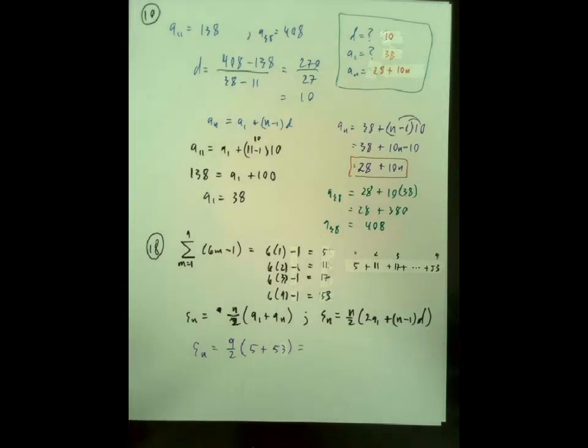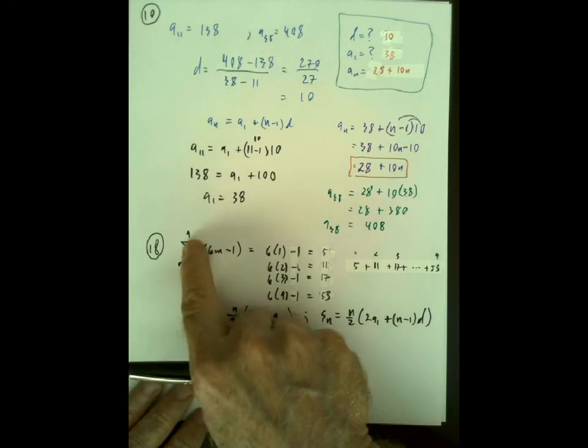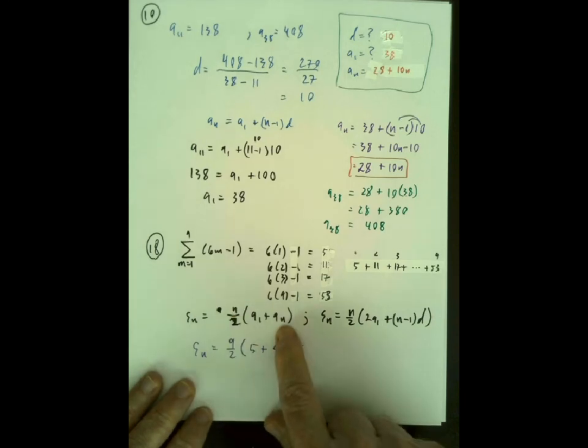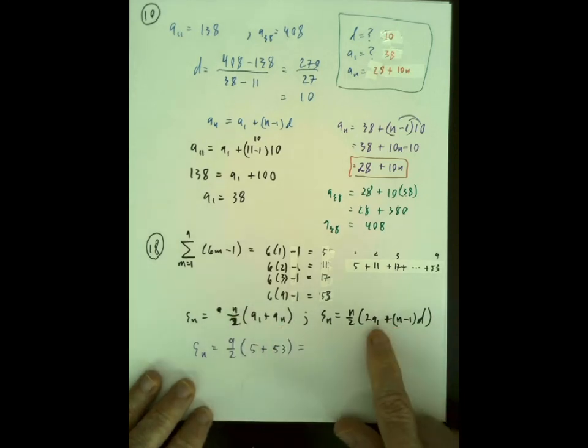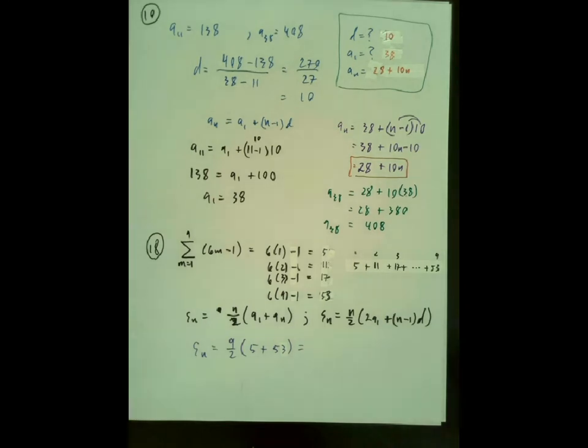If it was 9 terms, n would be 9, so this would be a sub 9 right here. If we knew the first term plus the number of terms and d, the common difference, we could also use this formula here. Either one will give us the correct answer.